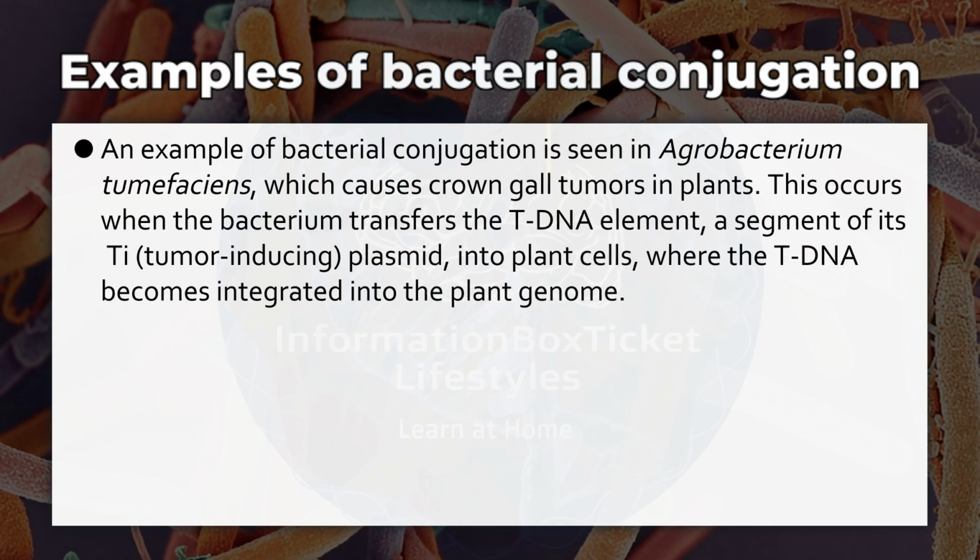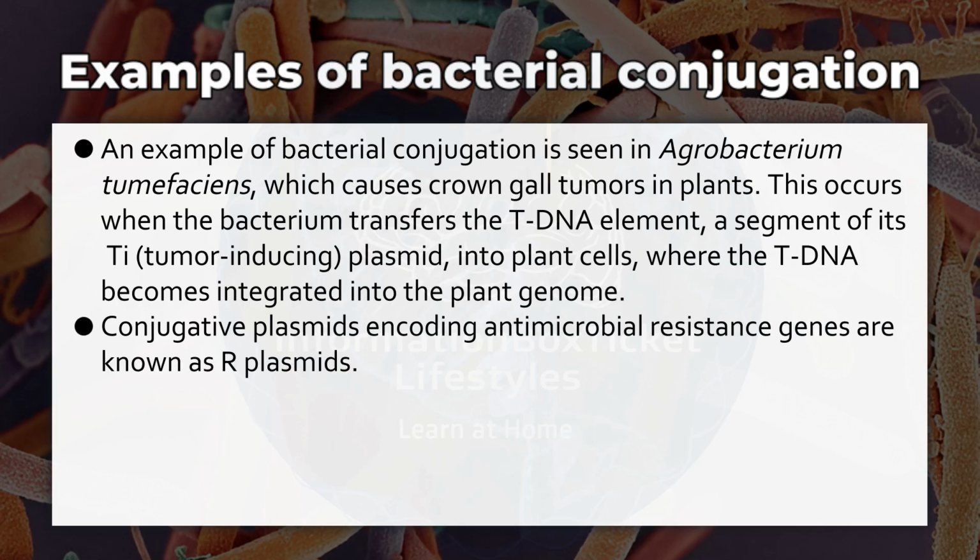An example of bacterial conjugation is seen in Agrobacterium tumefaciens, which causes crown gall tumors in plants. This occurs when the bacterium transfers the tDNA element, a segment of its tumor-inducing plasmid, into plant cells, where the tDNA becomes integrated into the plant genome.